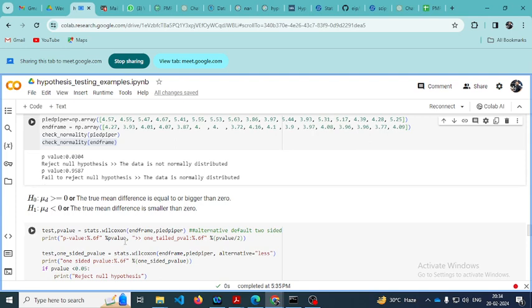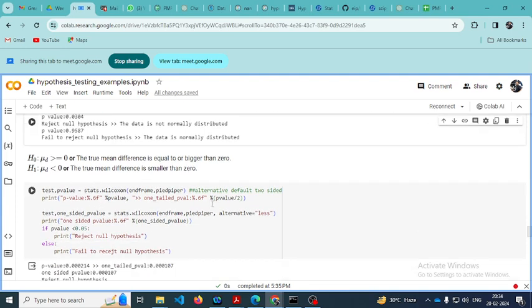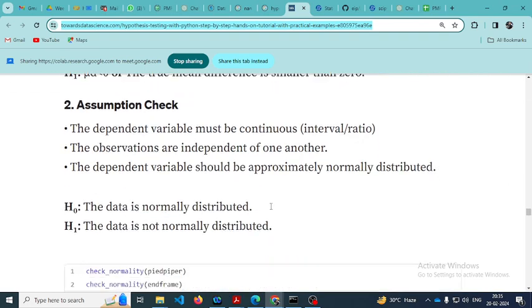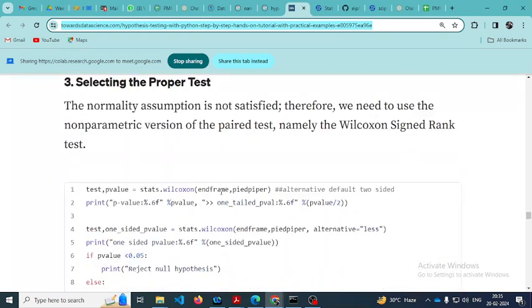Then what will you do in such situations? If you want to select a proper test, you need to select the non-parametric version of the paired test.